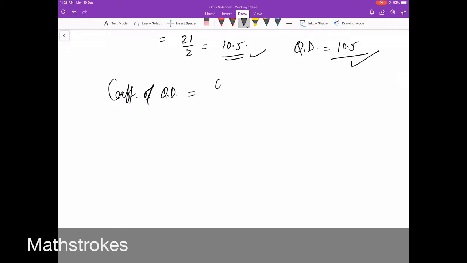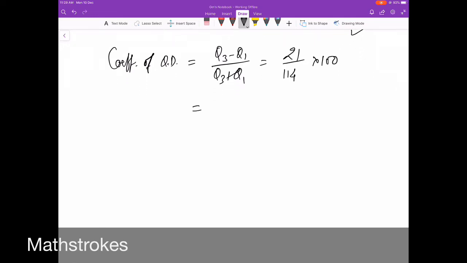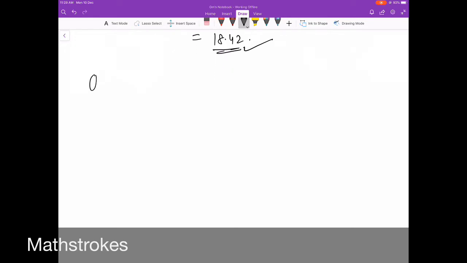The formula was q3 minus q1 upon q3 plus q1. So q3 minus q1 is 21 and q3 plus q1 will be 114. Calculate it yourself, multiplied by 100, and this comes out to be, I am writing it directly, 18.42.